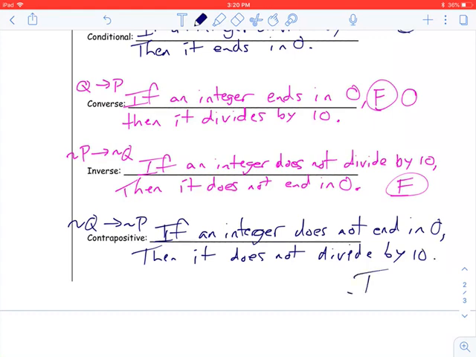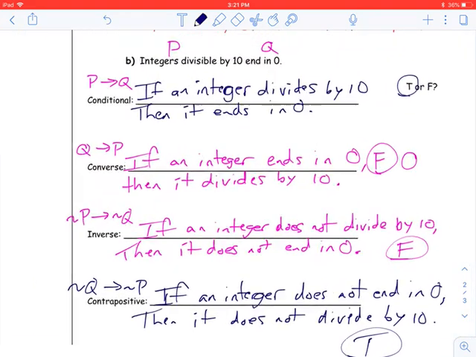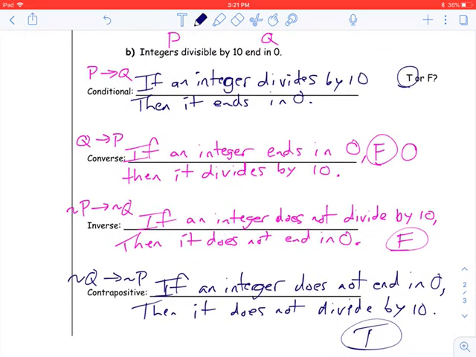And that would be true, because to divide by 10, it's got to end in 0. Okay? Now, the reason these two are false is because of 0. That is an integer. Okay? So you got to kind of figure out which ones go with what.